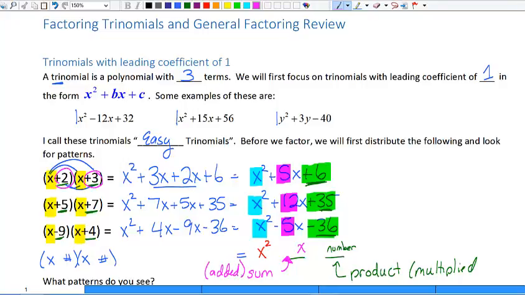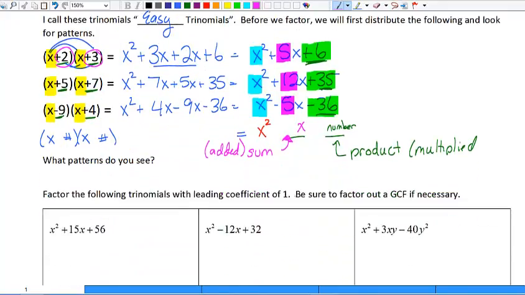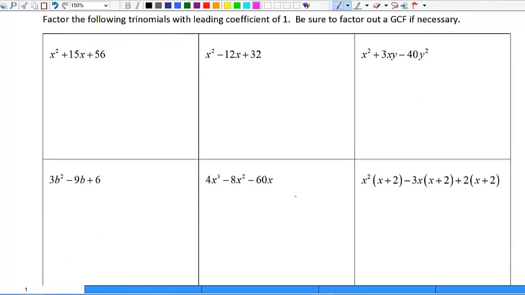Okay? So now that we've seen those patterns, what I want you to do is use those patterns to work backwards to factor easy trinomials with leading coefficient of 1. The instructions say, factor the following trinomials with leading coefficient of 1. Be sure to factor any GCF if necessary. Well, in the first problem, there is no GCF, so we're going to go straight to solving.